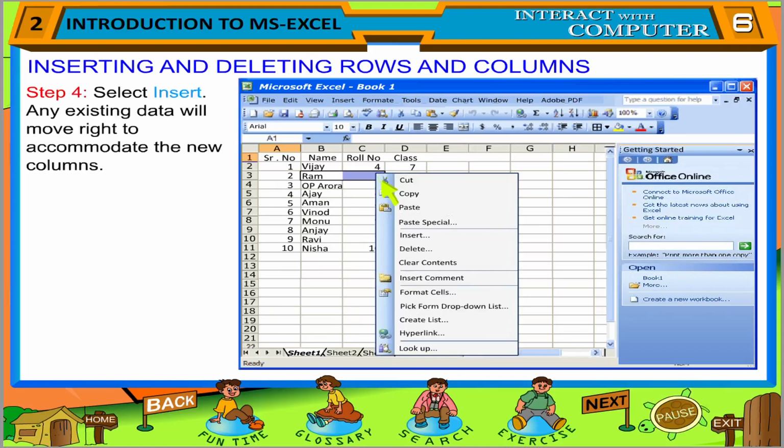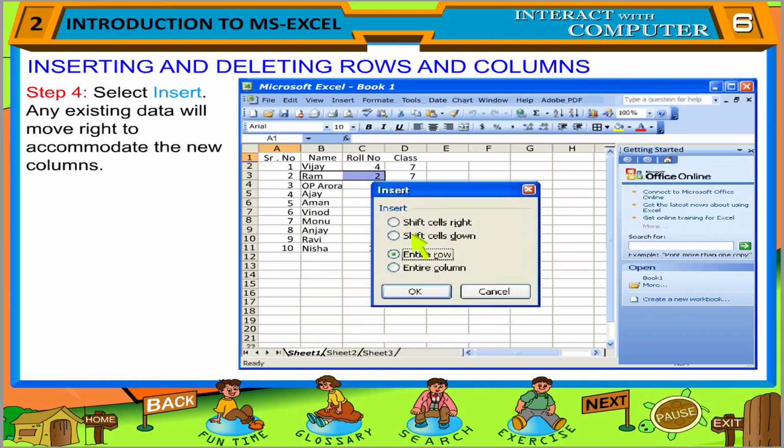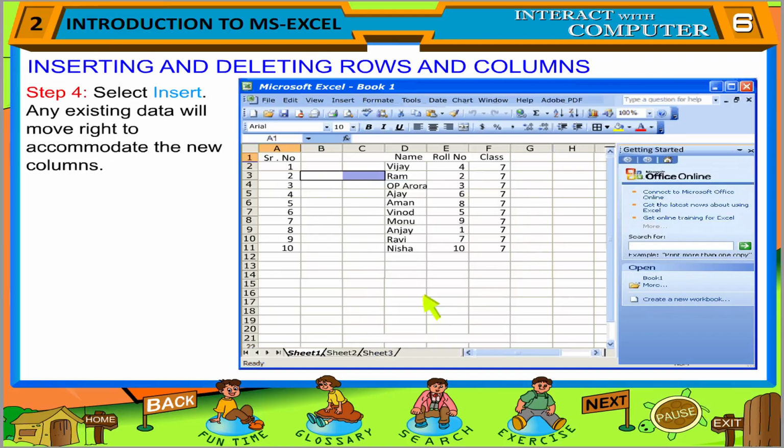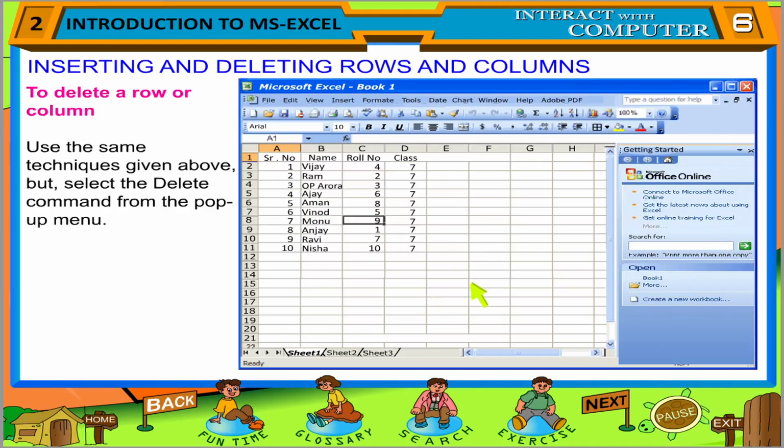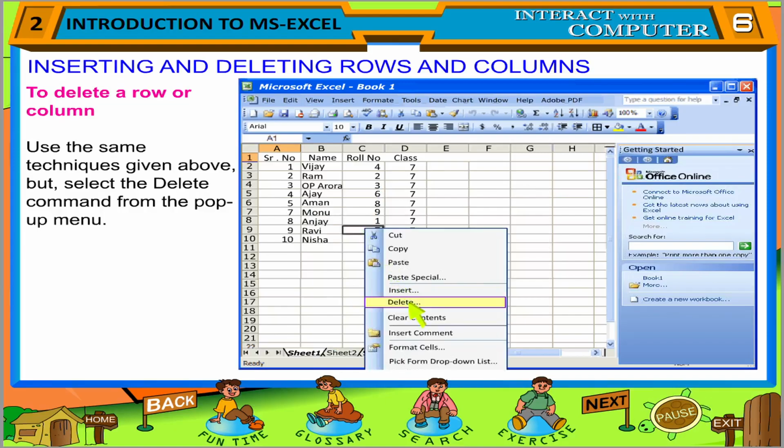Step 4. Select Insert. Any existing data will move right to accommodate the new columns. To delete a row or a column, use the same techniques given above, but select the Delete command from the pop-up menu.